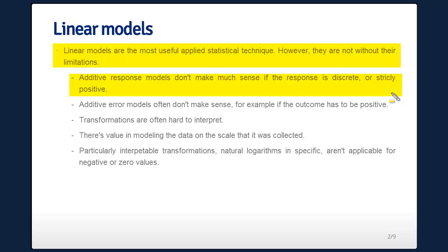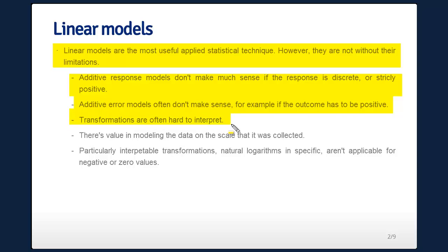If it's 0, 1, then it doesn't make as much sense, or even if they're strictly positive. Additive error models often don't make sense. For example, if the outcome has to be positive, and the error is both positive or negative, you add the error and you could possibly get negative responses from the model when the observed data can never be negative.